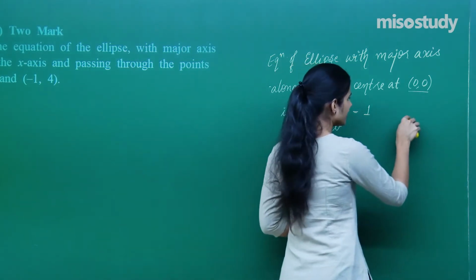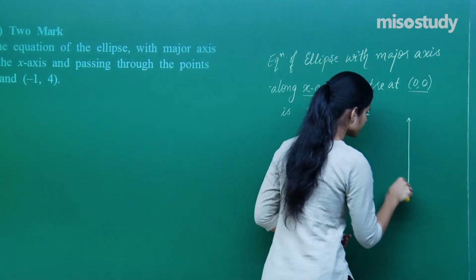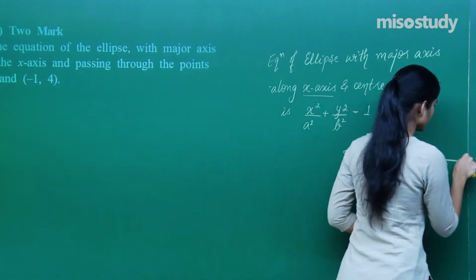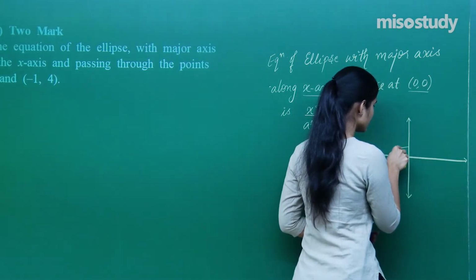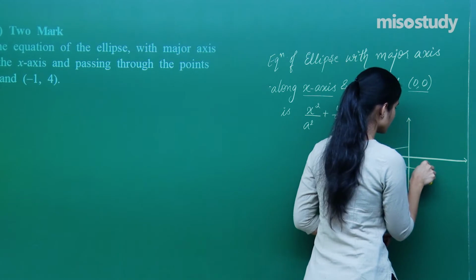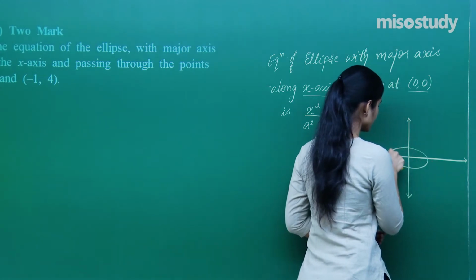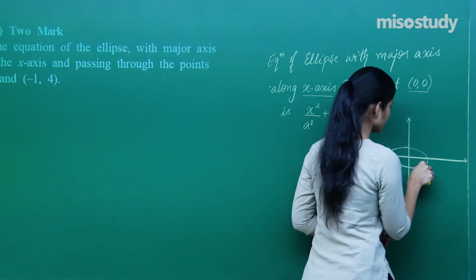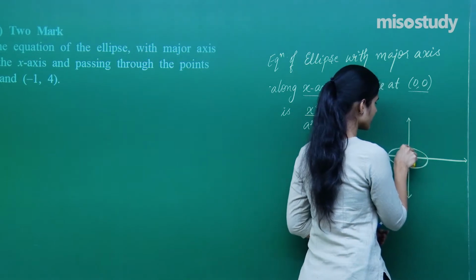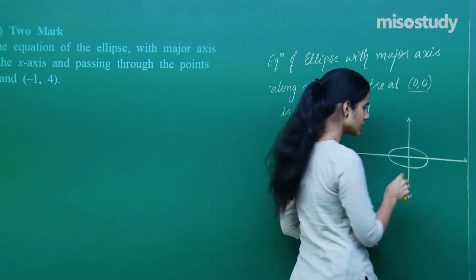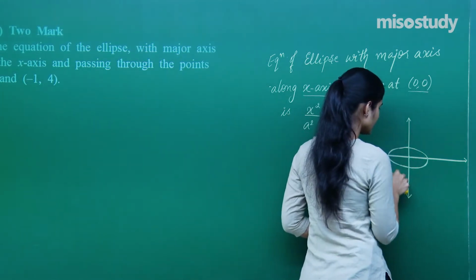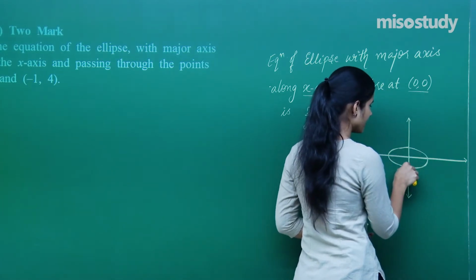Basically, the ellipse in that situation looks something like this, right? The major axis is along x-axis and the center is at origin. This is my origin. That's my major axis. That's my minor axis.